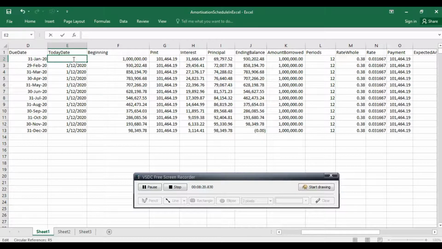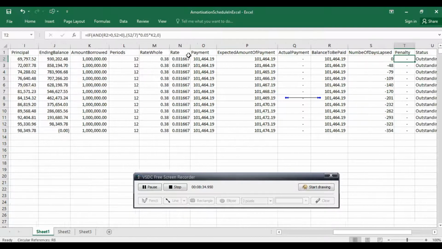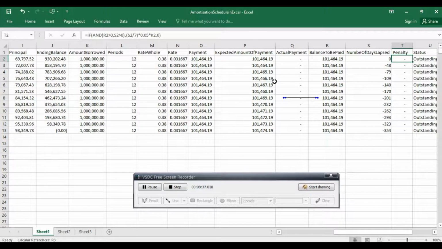Let me say it's 1/31/2020. You can see that the number of days elapsed is now 0, because the due date and today's date have matched.